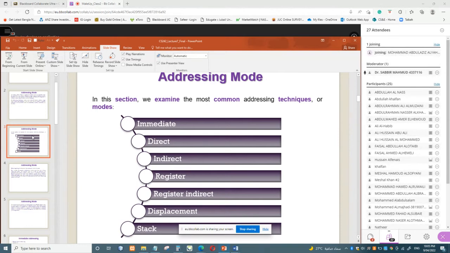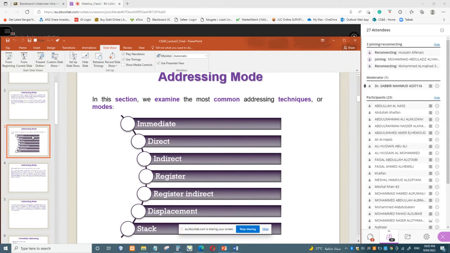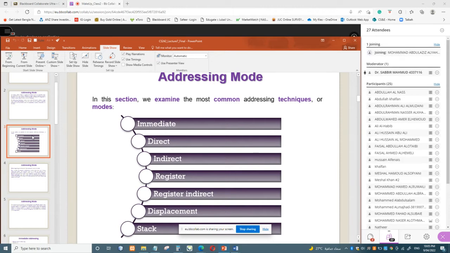Our operand can be an immediate value, which means a constant value, or our operand can be in one of the registers, or the third option is that our operand can be stored in the main memory.